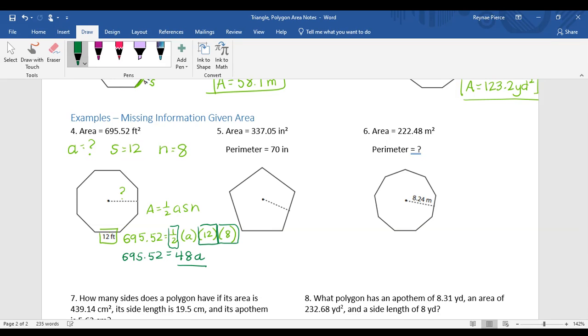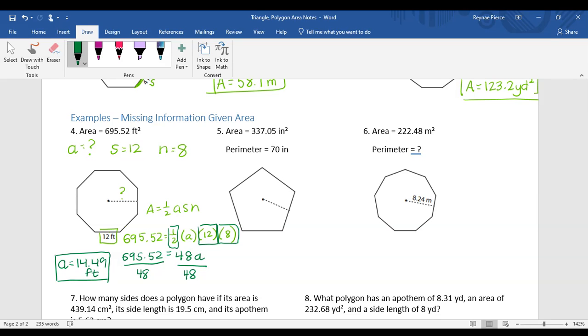Then I will divide both sides by 48. That tells me that my apothem is 14.49 feet. And again, working backwards, when we're just finding a piece of the polygon, we use regular units instead of square units.